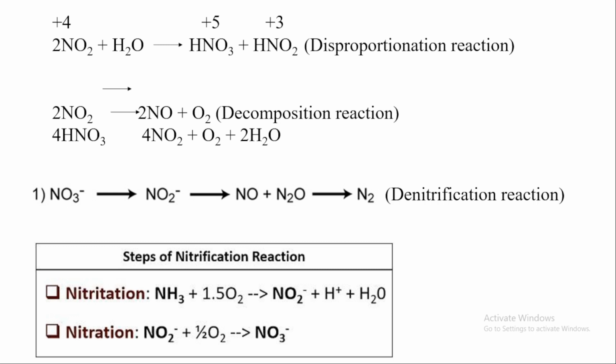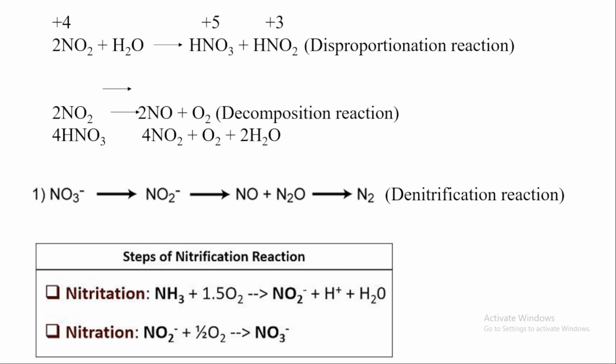And if you see the oxidation state of nitrogen in HNO2, it is +3. Why +3? Oxygen again has -2 charge, so -2 into 2 is -4, which means nitrogen gets +4, and hydrogen with +1 means nitrogen gets -1.